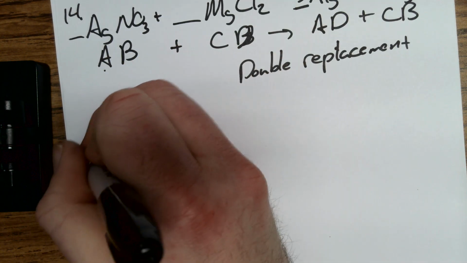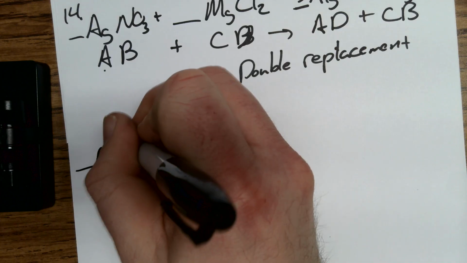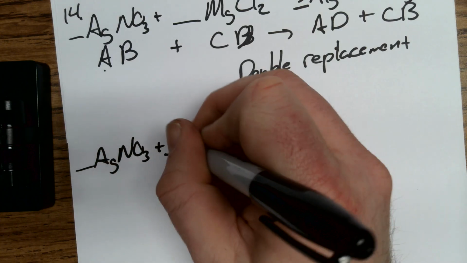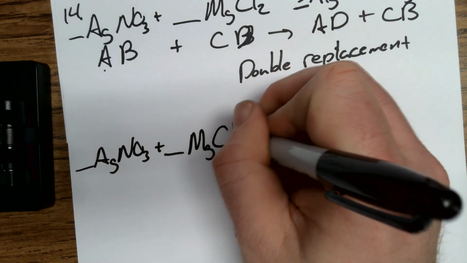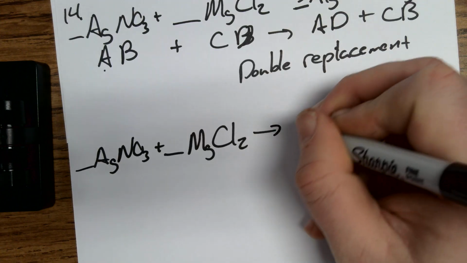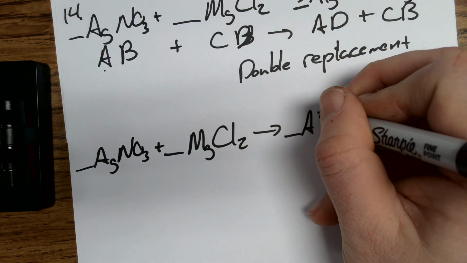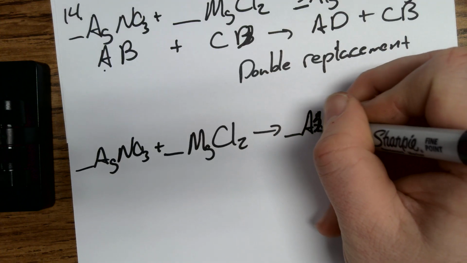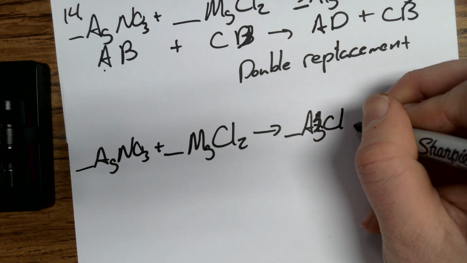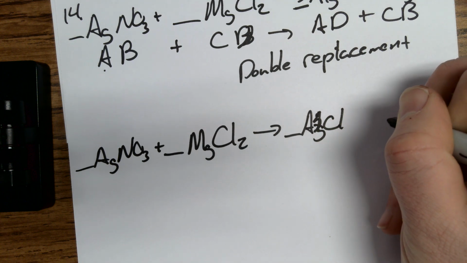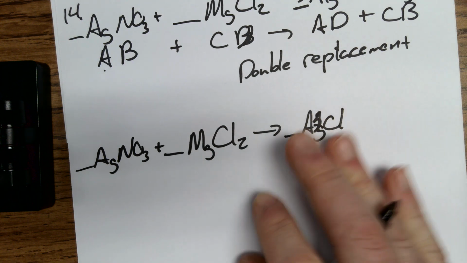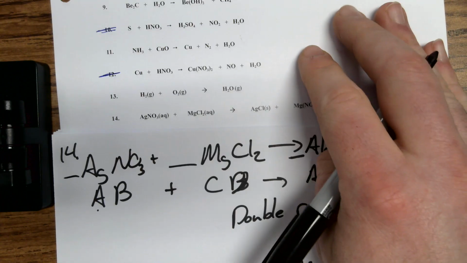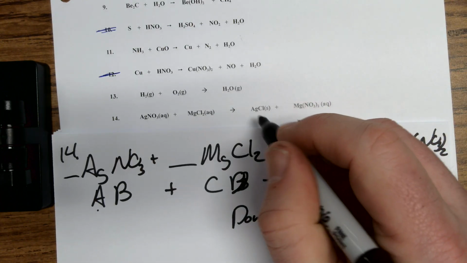So let me rewrite it. No, not AlCl. Why Al? Because it's Ag. No, Ag.